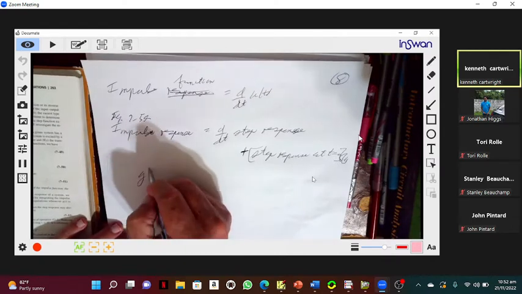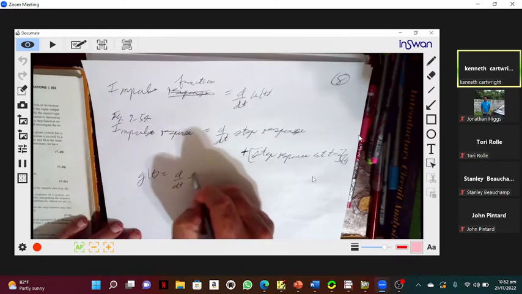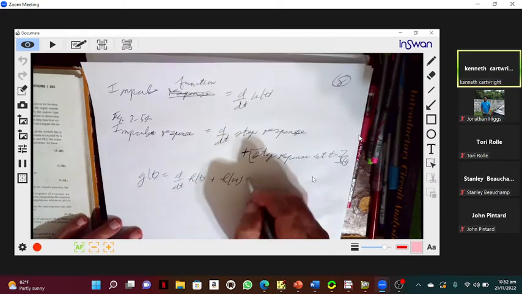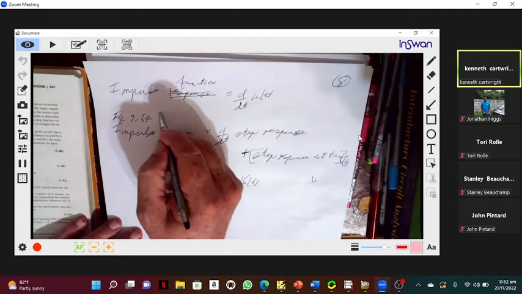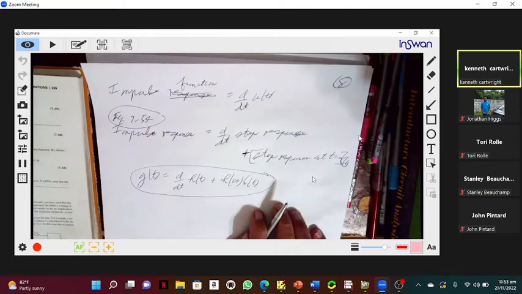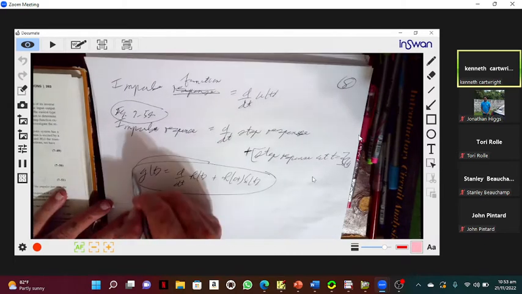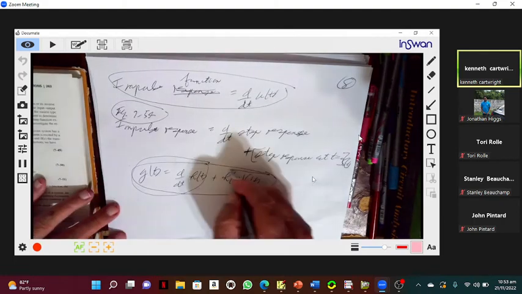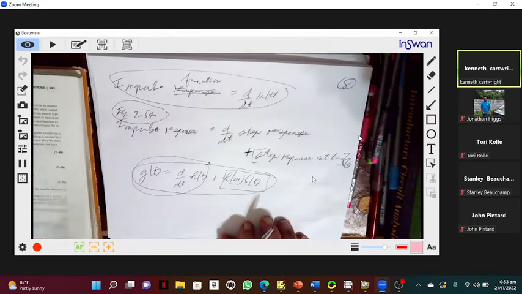So another way of doing that is g of t equals derivative of step response plus h of 0 plus times delta of t. This is equation 754. Just learn it. This part of it should make sense because you should know that. This part here is a surprise to you because we didn't cover something we should have covered earlier. We didn't cover equation 753.